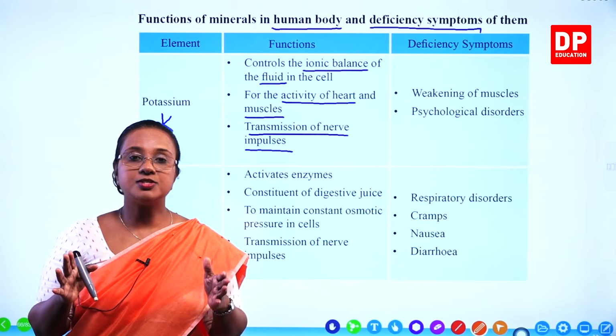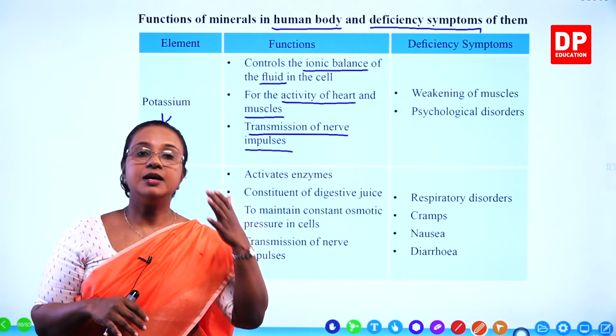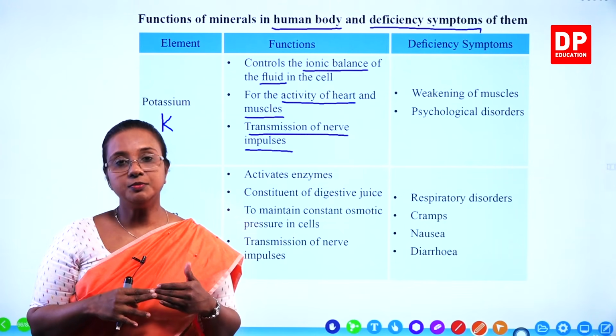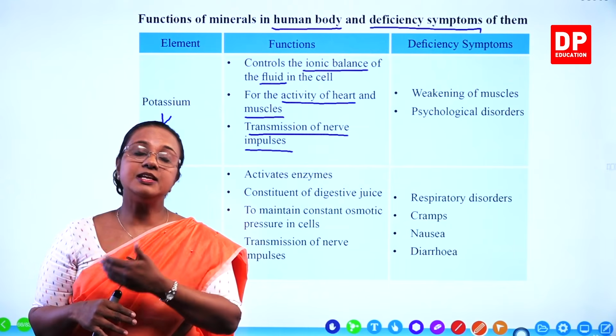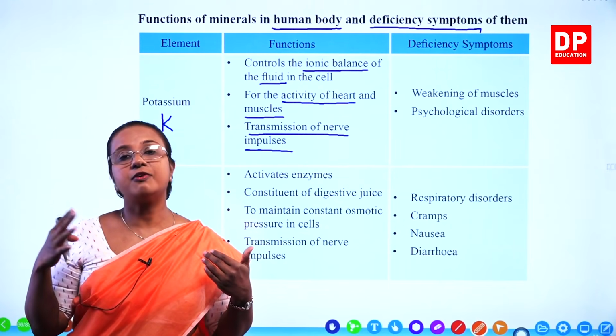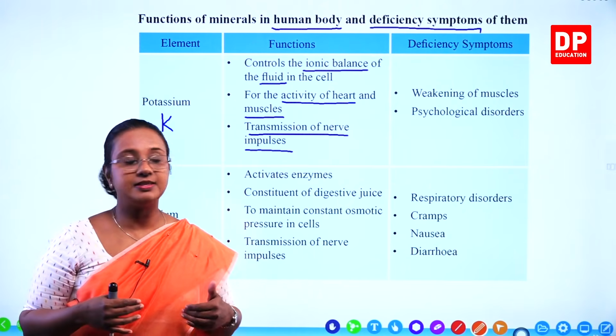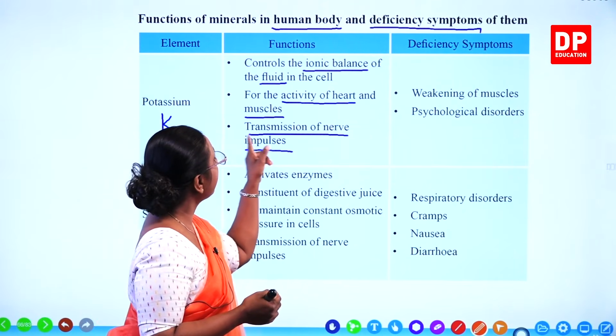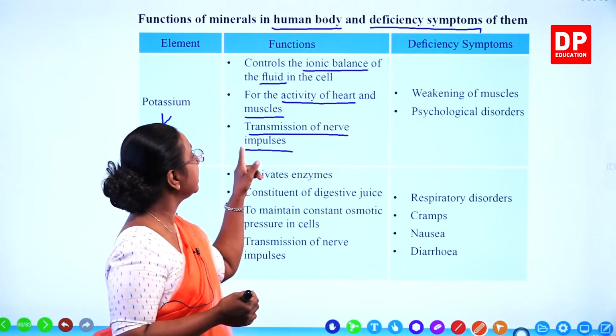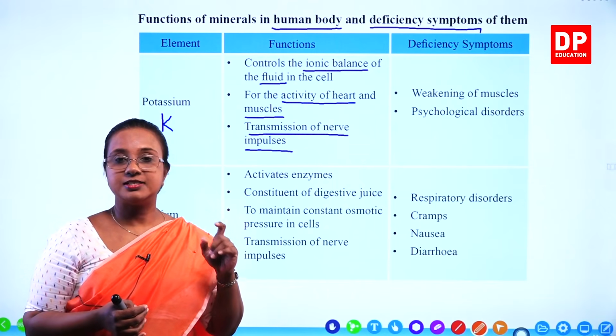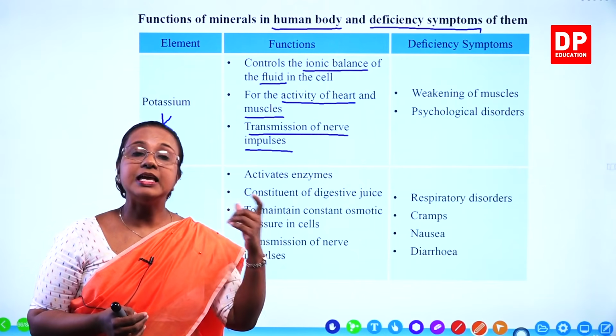So this transmission is done by the nervous system of our body. And the way this information is transmitted from one place to the other, from the sensory organ to the nervous system, is called transmission of nerve impulse. The information is transferred as impulse.